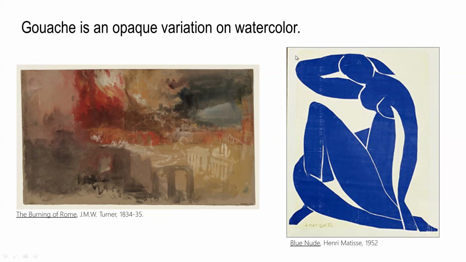He had a period where he was doing all these cut paper pieces, and this is a cut paper piece, but it's gouache in the fact that all the color of the paper was made using gouache. He would mix colors and then roll the gouache onto the paper to get it as even as possible, and then let it dry. And then later he'd come back and cut that and make the collages.